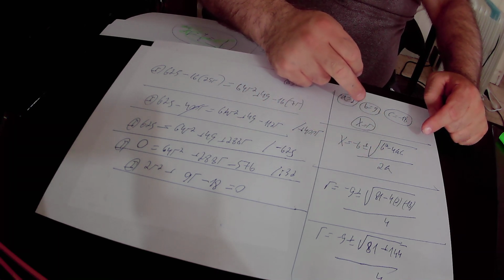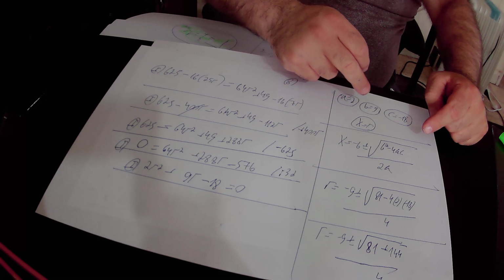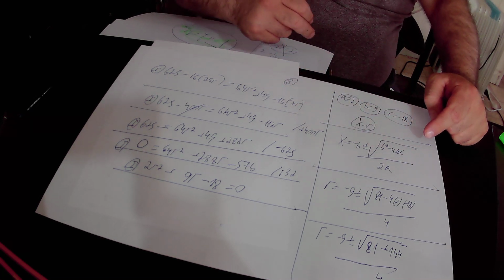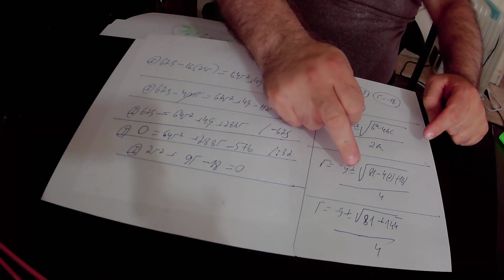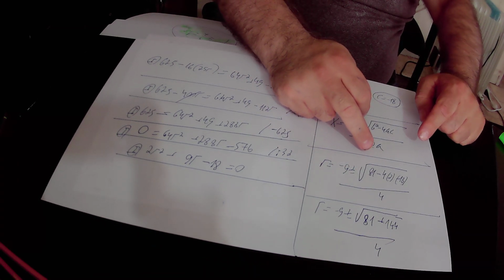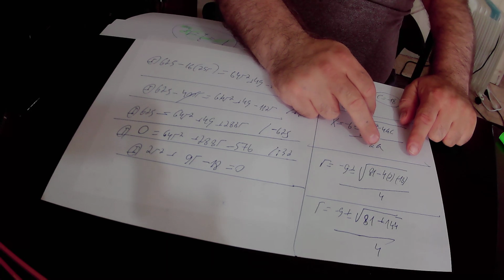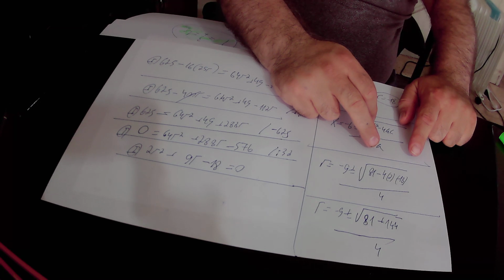Minus 4 times a is 2, times c is minus 18. Okay, so r equals minus 9 plus minus, we have 81, minus 4 times 2 is minus 8, and minus 8 times minus 18 is plus 144.